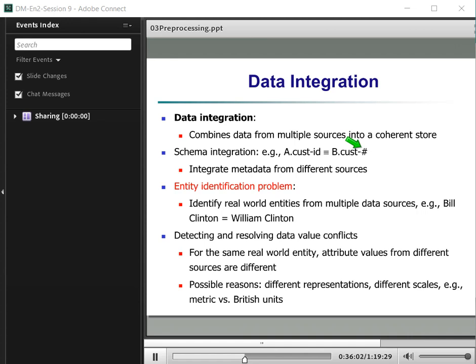In this case, I have two of the same feature, but their names are not the same. Their names are different. So when you are trying to combine data from multiple sources, you should be careful about similar features in different sources.